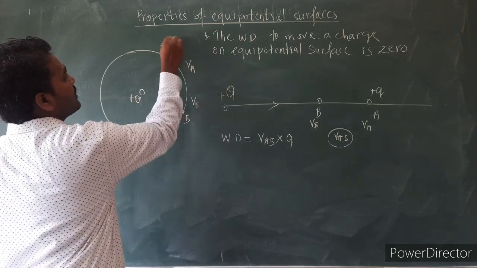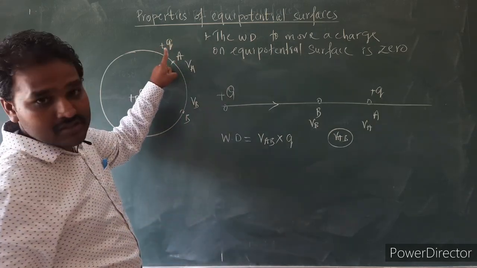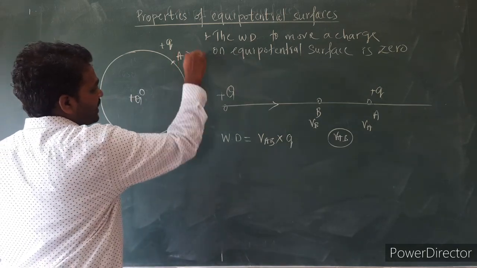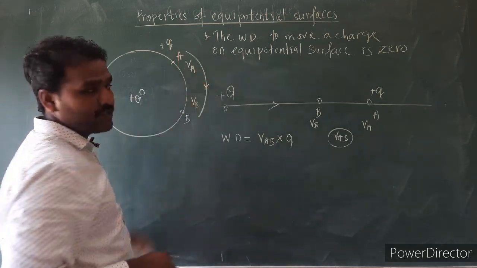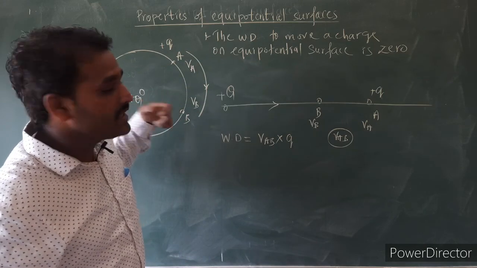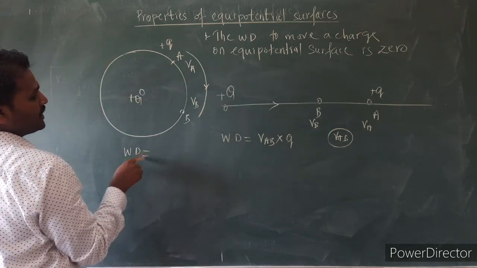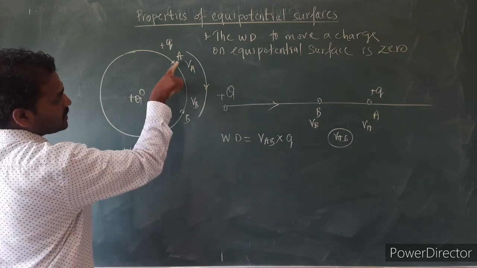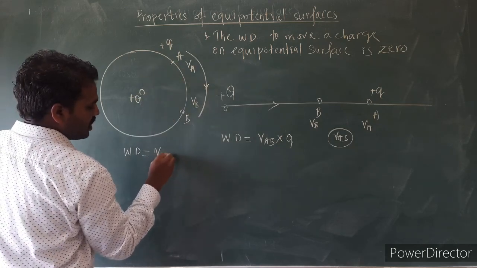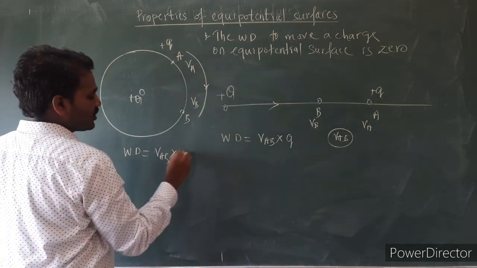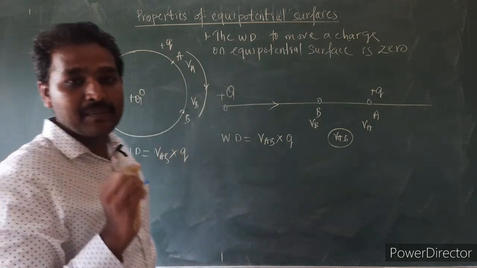Let me move some test charge of magnitude small plus q from A to B. What is the work done here? Based on the same expression, I can write W is equal to the potential difference between A and B times the magnitude of the charge which I am moving.